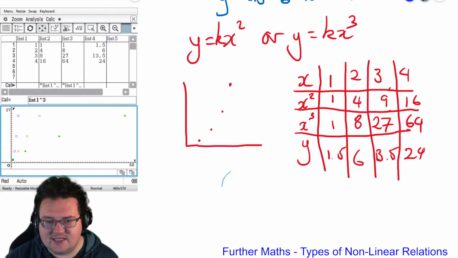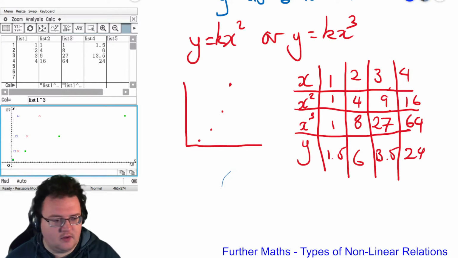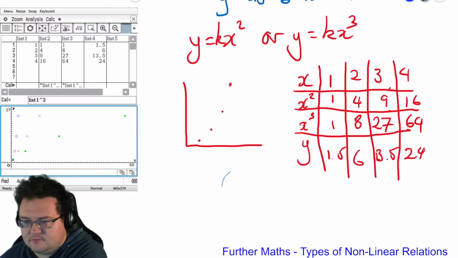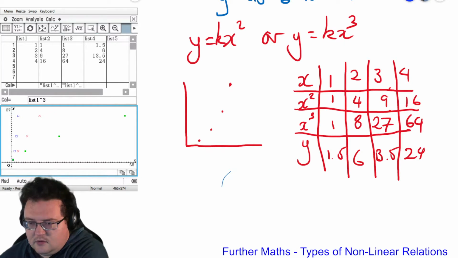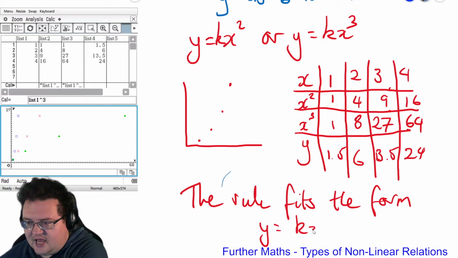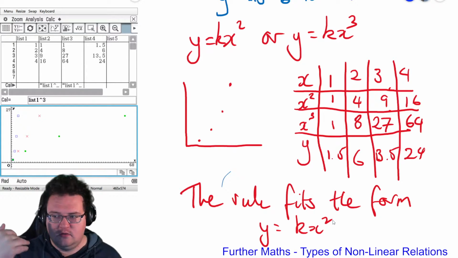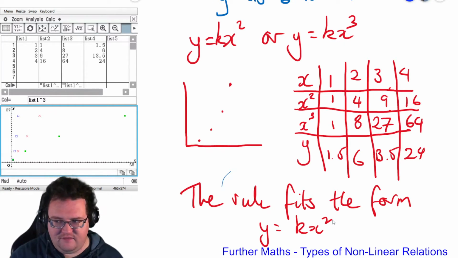So what this is telling me is that the rule will fit the form y equals kx squared. And what you'd be able to do is then solve and figure out what the actual value of k is from there.